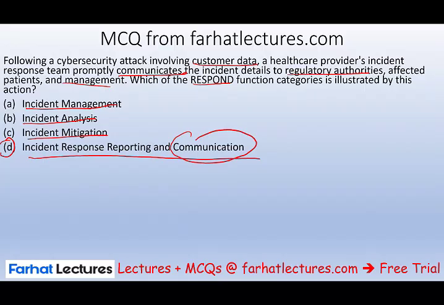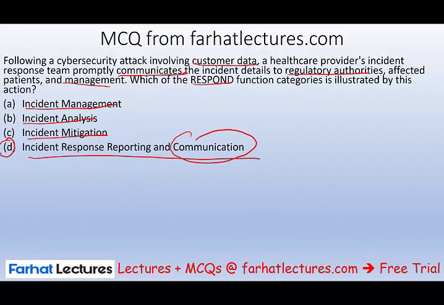Nevertheless, this is easy, because communication is clearly stated in incident response reporting and communication. Nevertheless, you want to know what incident management is, what incident analysis is, and what incident mitigation is. For example, incident mitigation is how do you contain the event?